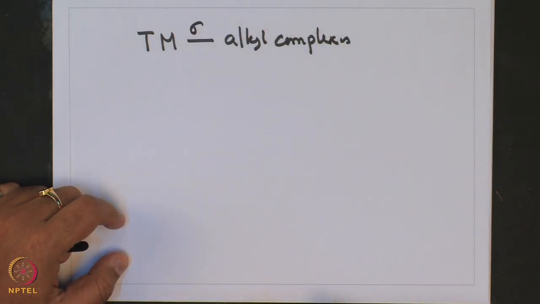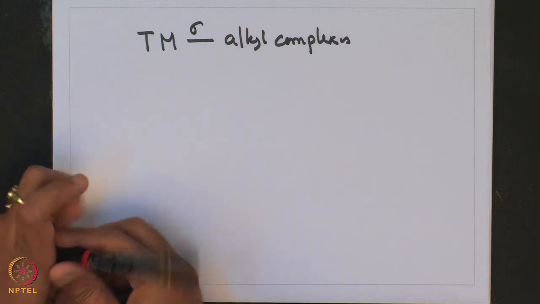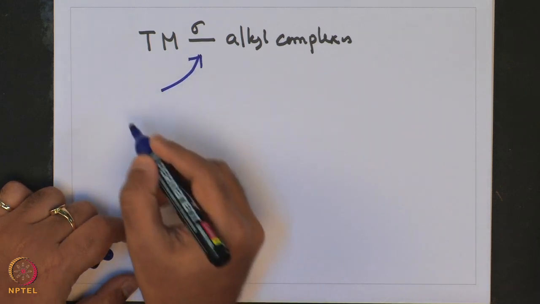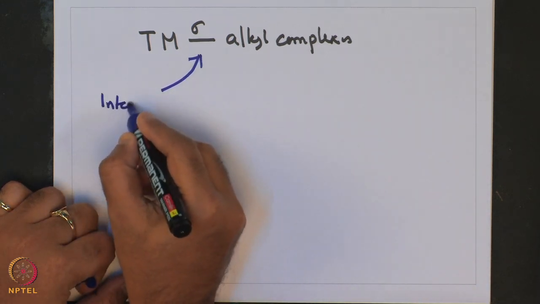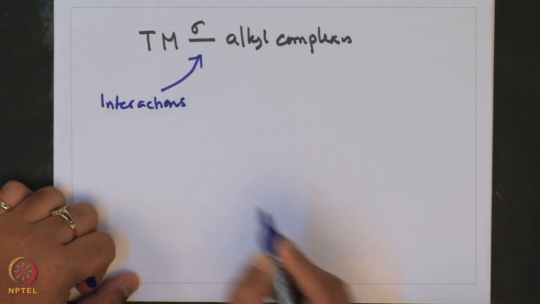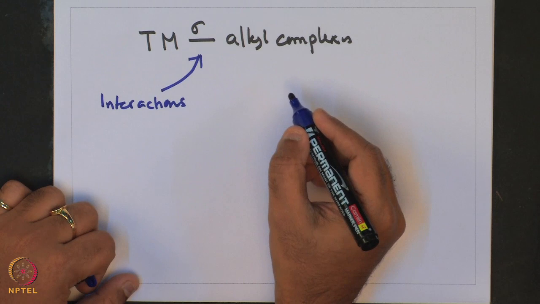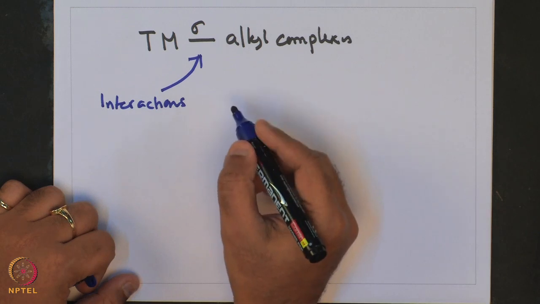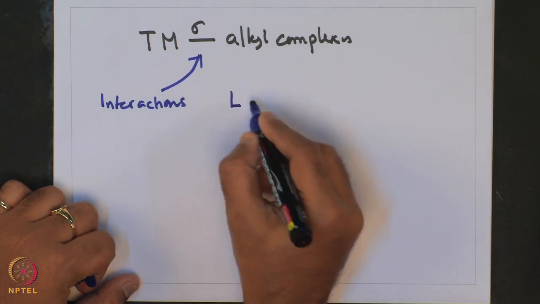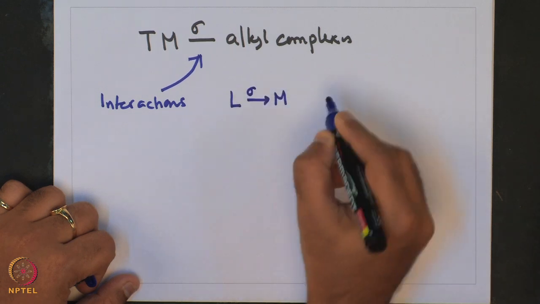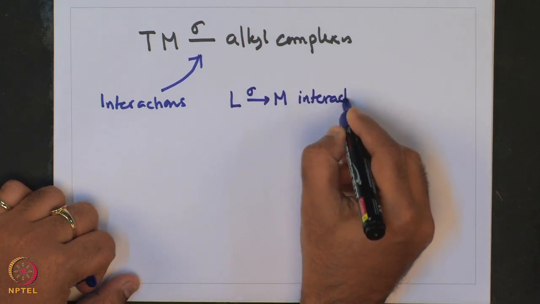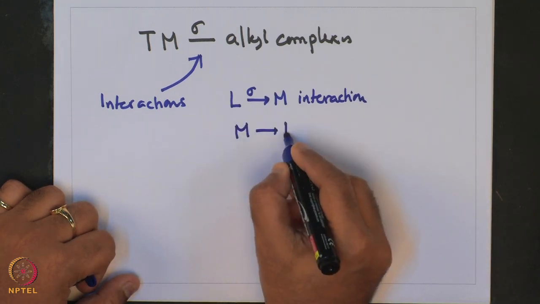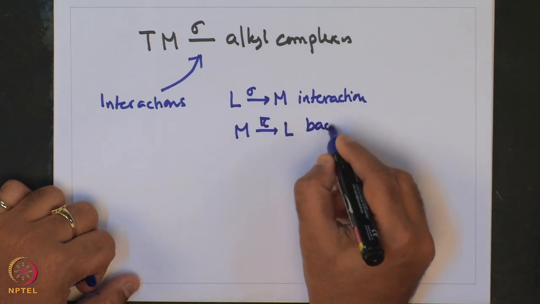Now, we have looked into the kind of interaction that occurs in these types of complexes. Interaction wise, there are usually two types prevalent for transition metal organometallic complexes, and these are ligand to metal sigma interaction or metal to ligand pi back donation.